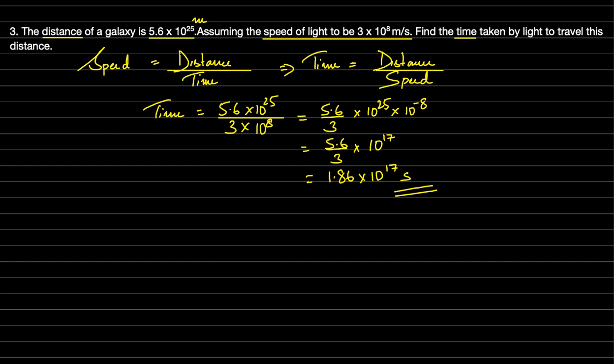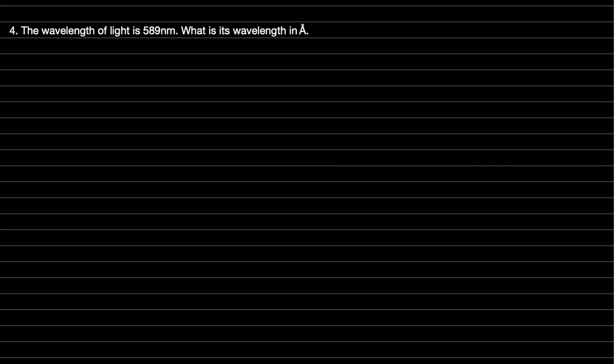Getting into the next question, the wavelength of light is given as 589 nanometer. We need to find the wavelength in Angstrom.